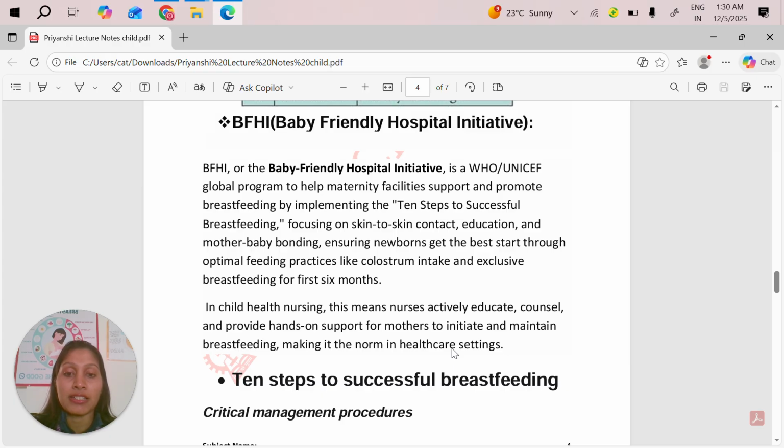In child health nursing, this means nurses actively educate, counsel and provide hands-on support for mothers to initiate and maintain breastfeeding, making it the norm in healthcare settings.